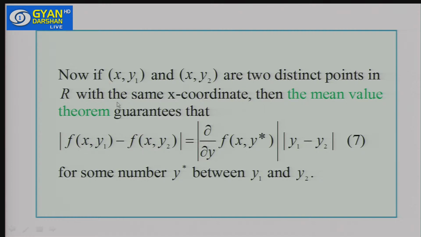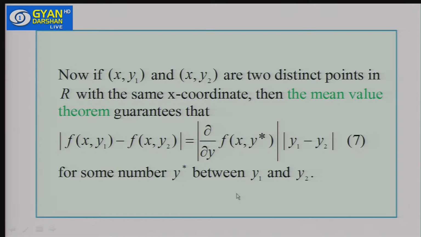Okay, so now f is obviously continuous, and the derivative of f with respect to y exists, which is again continuous. So it satisfies all the conditions of the mean value theorem. Okay, so this should be equal to the derivative with respect to y. The Lagrange mean value theorem is a standard result.